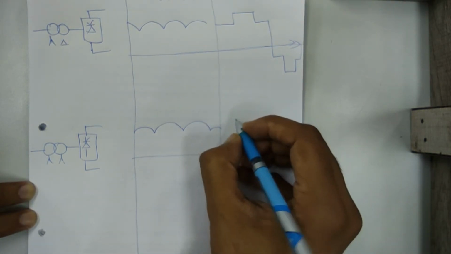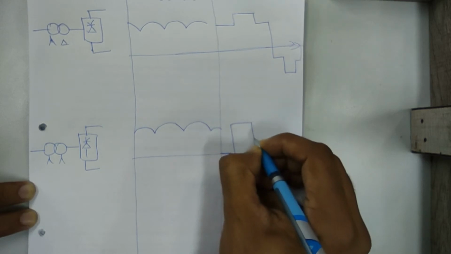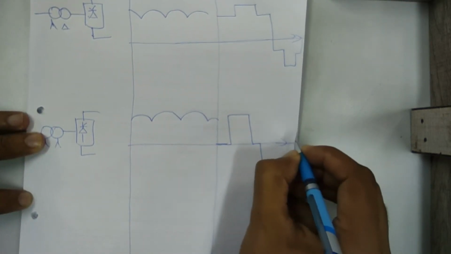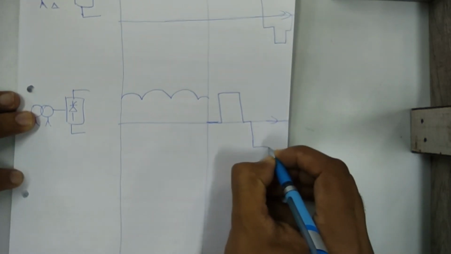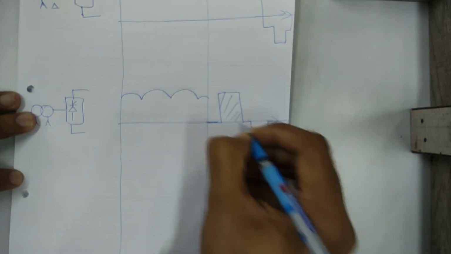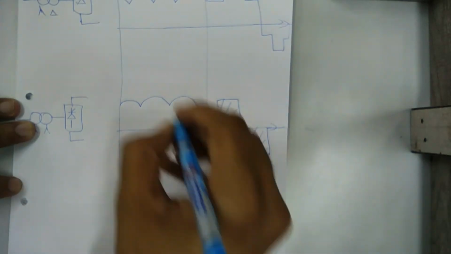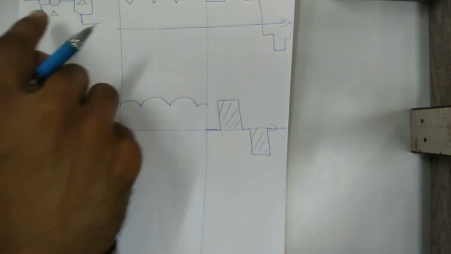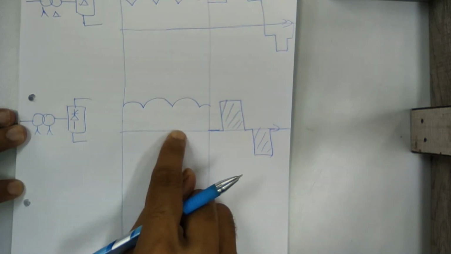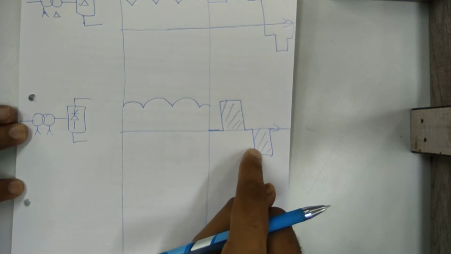At the AC side, suppose you get this type of waveform. So this is a waveform at the AC side. This is a waveform at the DC side. This is a waveform for star delta connected DC side. This is star star connected DC side. And this is the AC side, star delta connected and star star connected, this type of waveform.